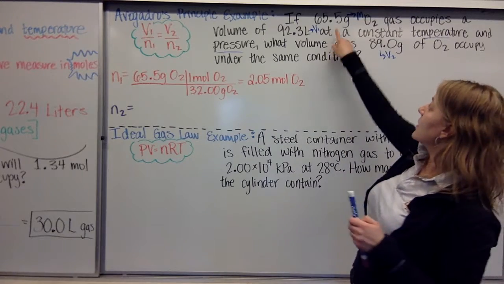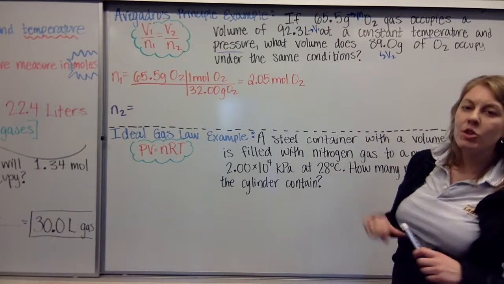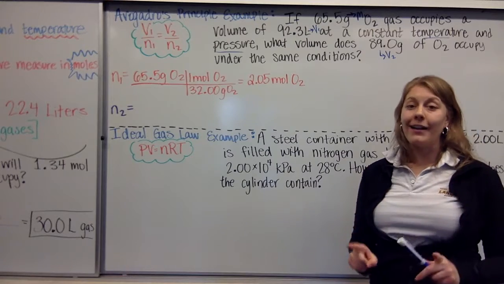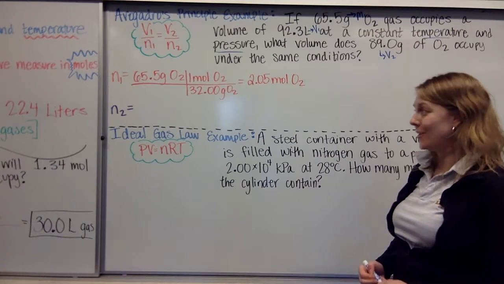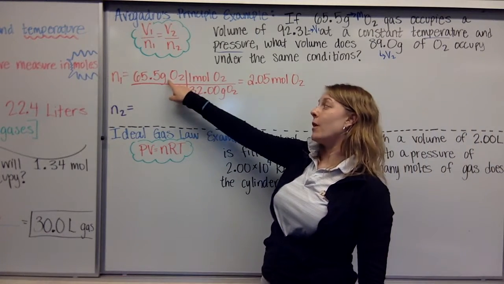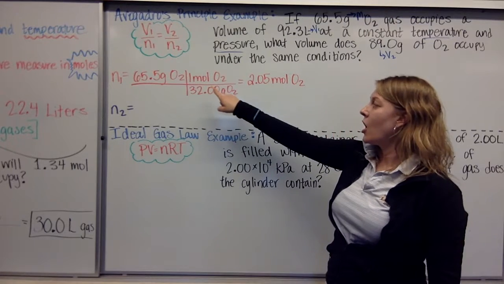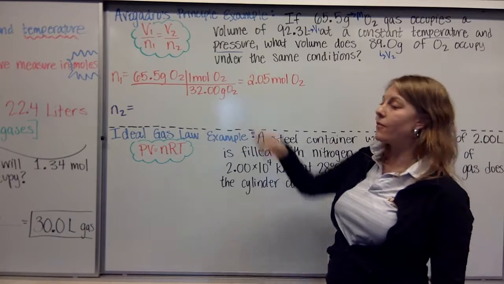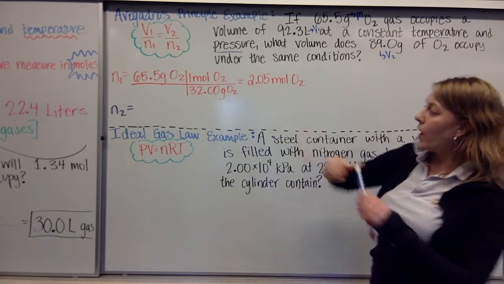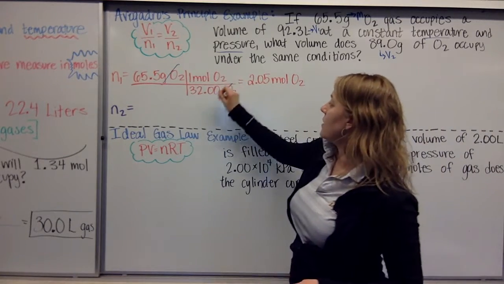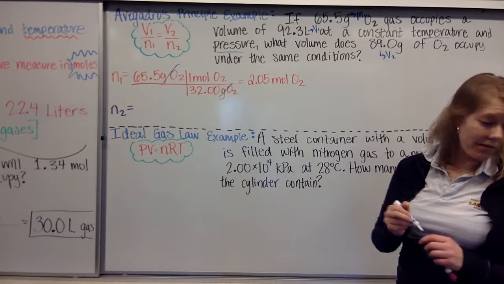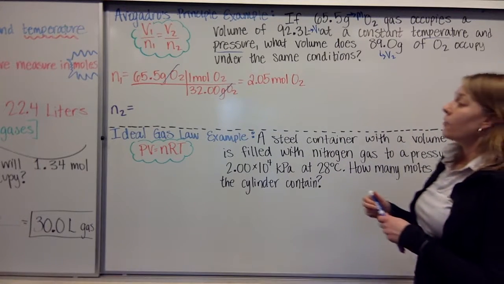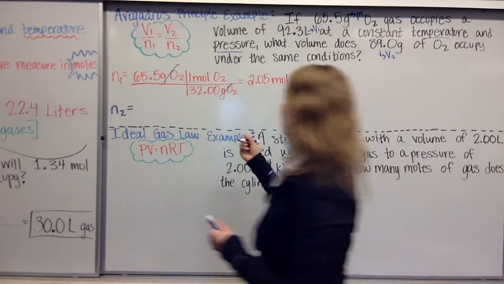We need to convert our masses to moles. Lucky for you guys, you already know how to do this from our last unit, okay? We have 65.5 grams of oxygen. Grams of oxygen goes on bottom, moles of oxygen goes on top, and the molar mass of O2 is 32. We cross out grams of oxygen, and we're left with 2.05 moles of O2, all right? For the final amount, we're going to do the same thing.